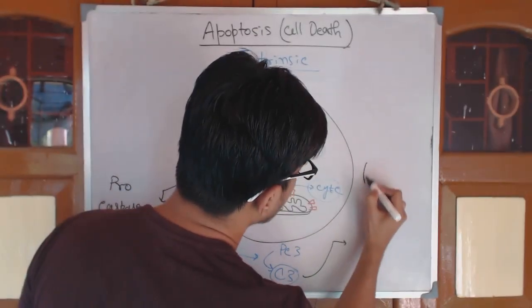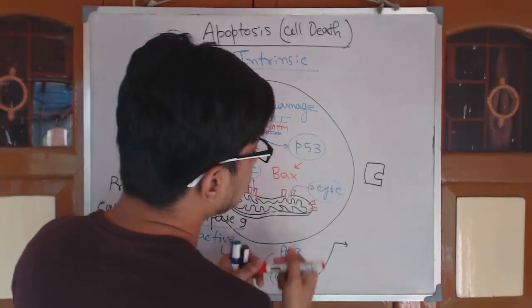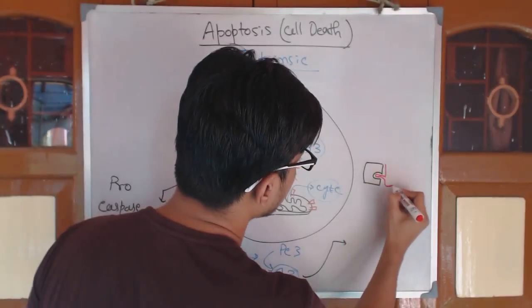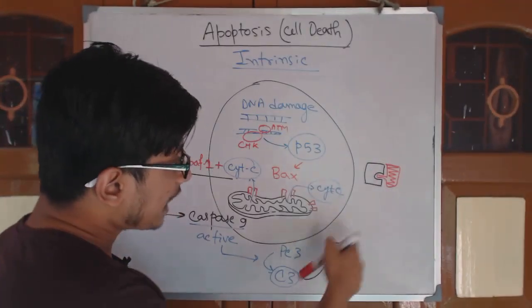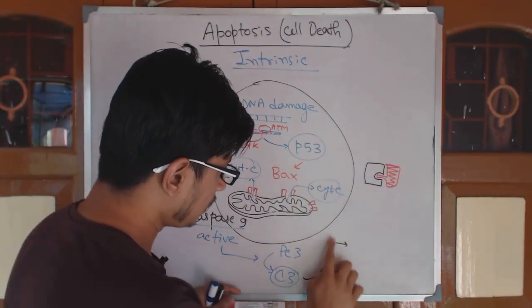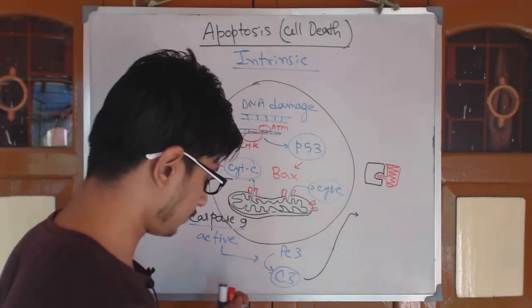this is the nuclease enzyme, and this enzyme's activity is blocked by this inhibitor. Okay, now this caspase 3 will go and degrade this inhibitor.